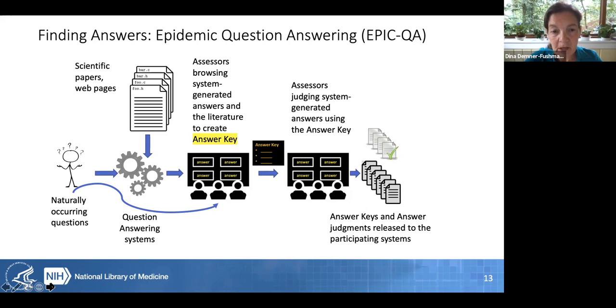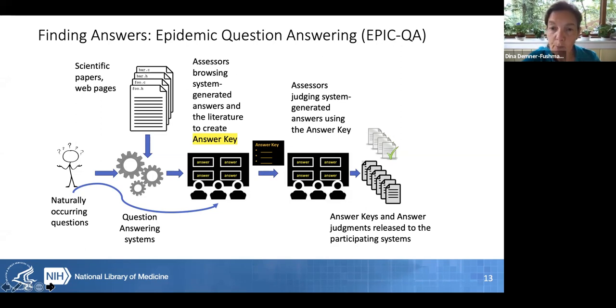So traditionally, it works the way that the system answers are pulled together, same as the documents in retrieval evaluations, and then the assessors look at the answers, look at the document collection using some search engine, and come up with the answer key that contains these facts that need to be in the answer for the answer to be complete.